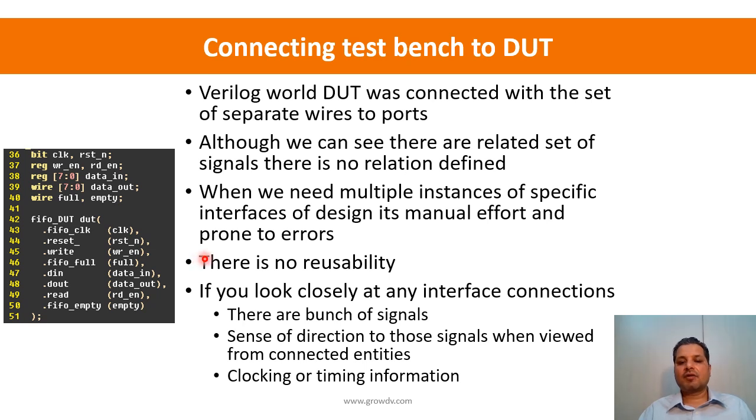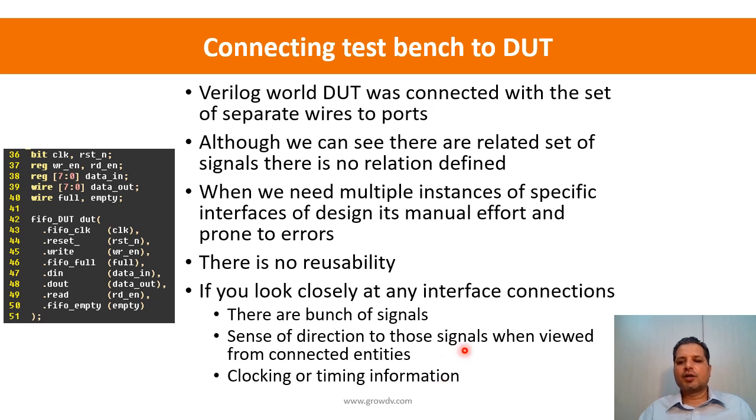So there is some sort of direction, and there's clocking information, right? In the current case, all of these signals are synchronous signals, synchronized to this FIFO clock, right? So this is essentially what is contained when we talk about the connection between the DUT and the test bench.